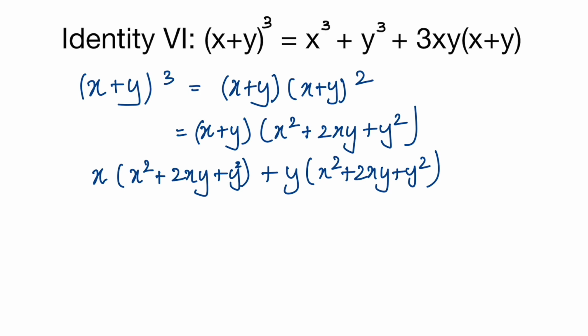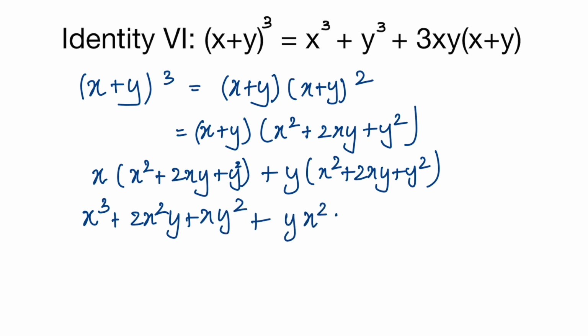These are the two terms that we have now. Now we are just going to multiply this in. That gives you x cube plus 2x squared y plus xy squared plus yx squared plus 2xy squared plus y cube. Now this is the expanded form.